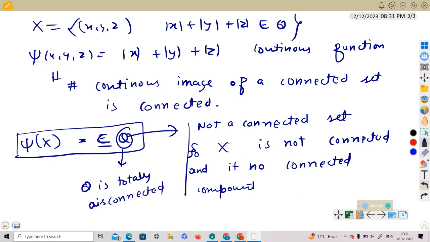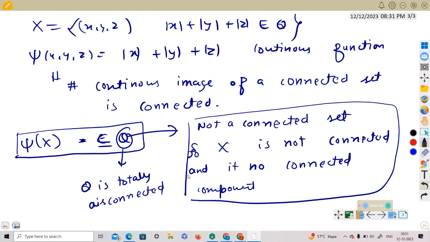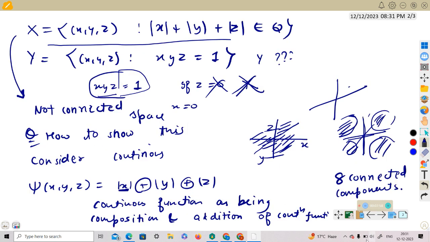Thus X has no connected component, while we have seen that Y does have 8 connected components, so they cannot be homeomorphic. Not homeomorphic.